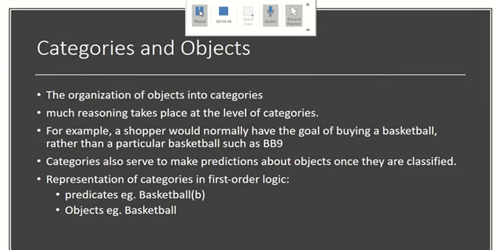We can write Basketball(b), and it means b is a basketball, as a predicate. But in terms of objects, we just write Basketball. So these are the two representations of categories in FOL.